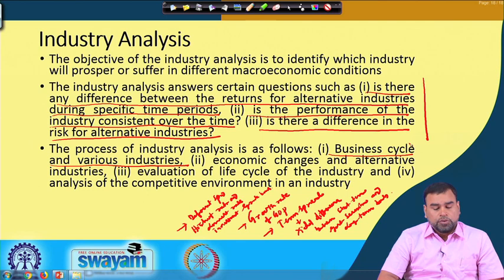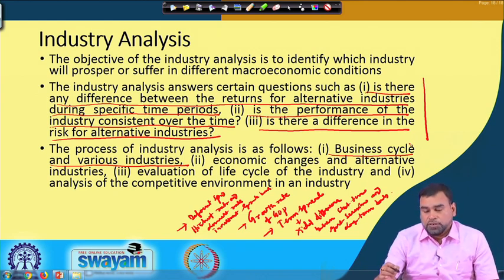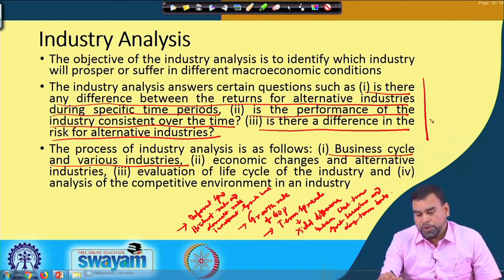Then we come to another quite interesting factor, that is the evaluation of the life cycle of the industry. You might have known that an industry has a life cycle. In the beginning, we have an infant stage, then it will grow, there is a growth stage, then once it reaches the steady state it will remain there for some time, then it will start declining.